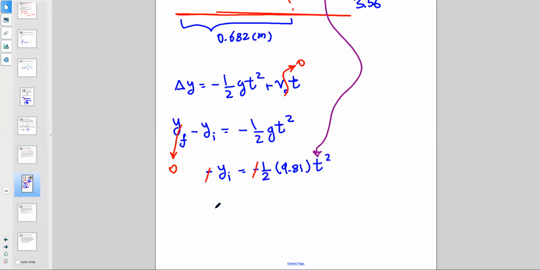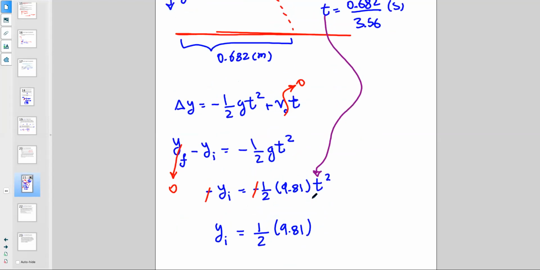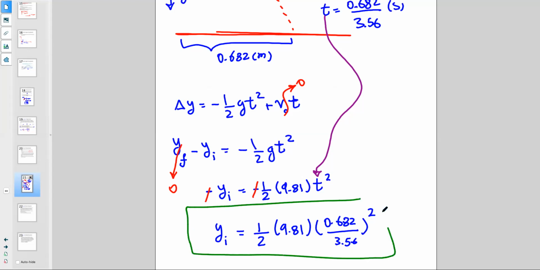I have my height of that point, or y initial, being half times 9.81 times t, which was 0.682 over 3.56, squared. So that is the final answer. That is the height.